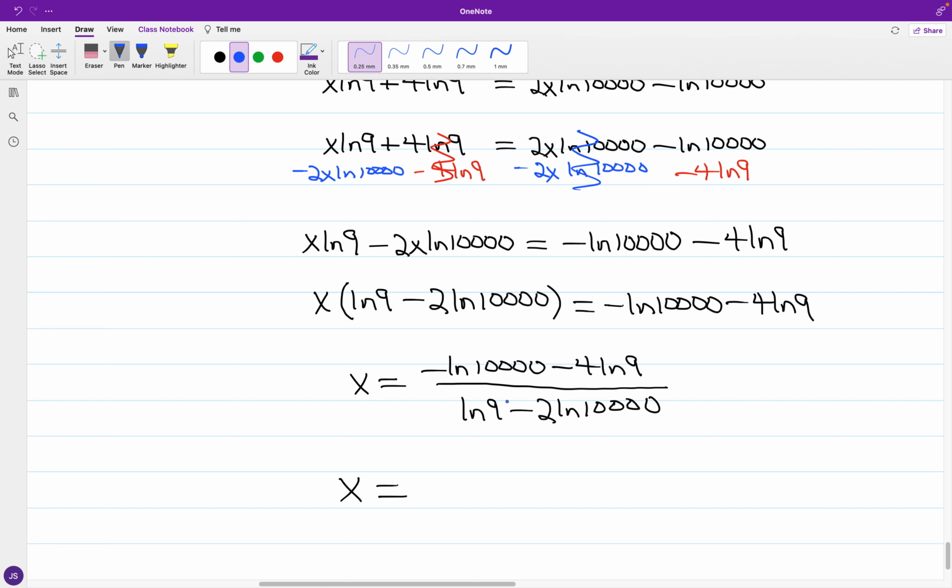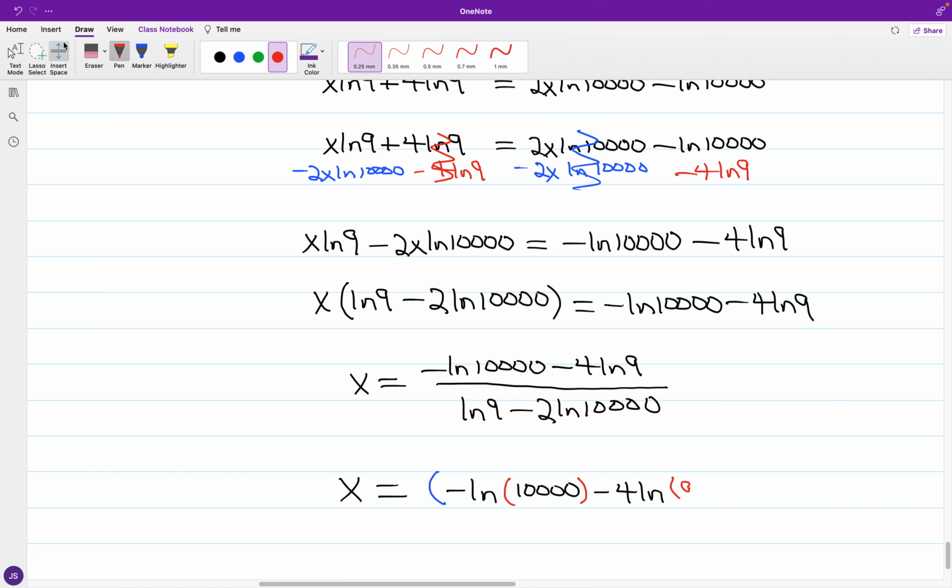If I were to put this as a contiguous statement, starting out with parentheses, I have open parenthesis, the negative of the natural logarithm of 10,000 minus 4 times the natural logarithm of 9.